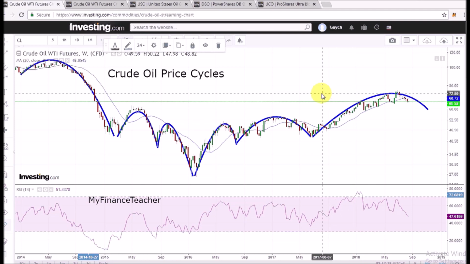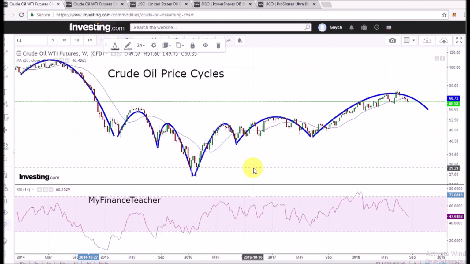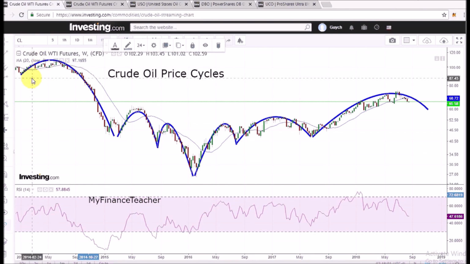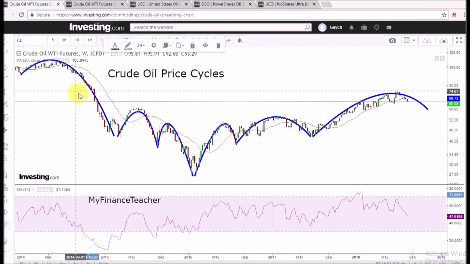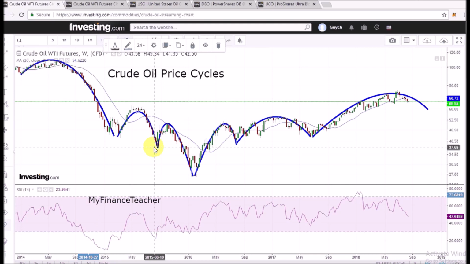There are a couple of patterns that I look for on the charts to identify if a cycle low has been reached. One of those, of course, is oversold levels on RSI, or RSI reaching close to oversold levels. Another pattern is oscillation of the price around its moving average.